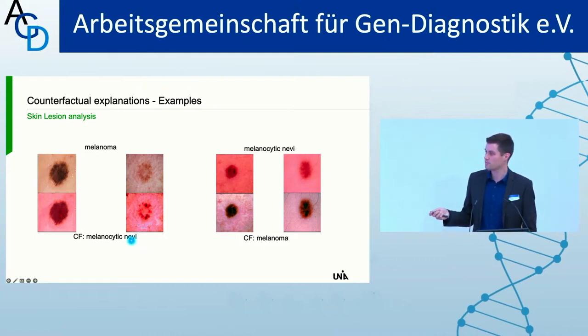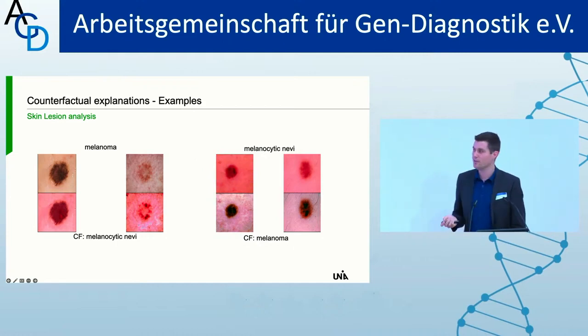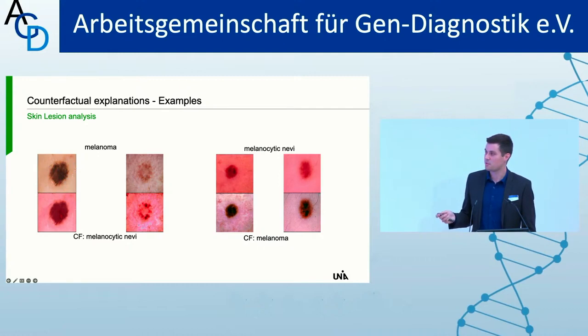For example, the melanocytic nevi was mostly predicted when the image had a reddish color. On the other hand, the melanoma was predicted when it was pale skin. So the paleness also indicates a bias of the neural network, because even if the skin is not pale, we might assume that it can be a melanoma.